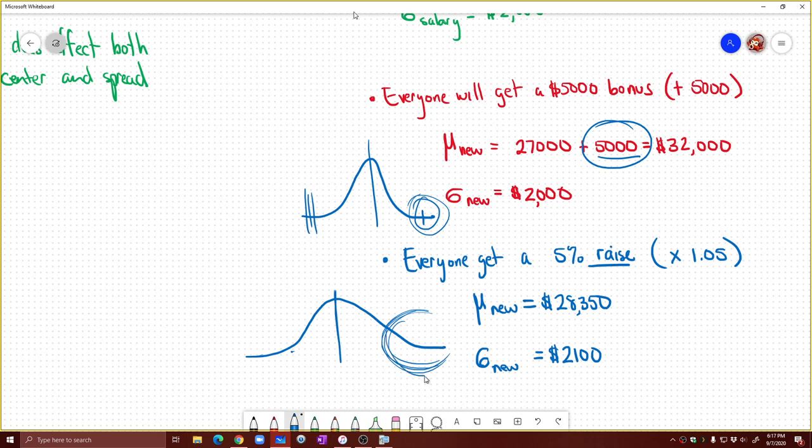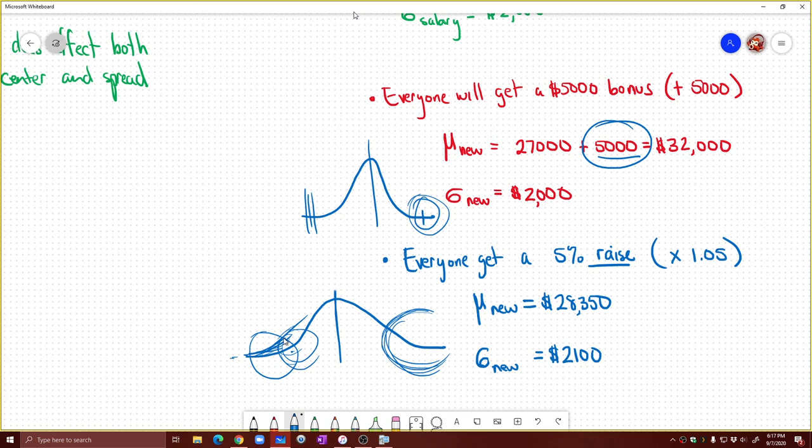So if you're a top earner, 5% is going to be way more than $5,000. But if you're on the low end, because remember, it spreads, then guess what? More people will be on this end too, because now the bottom group starts to trickle in over here as well. So this is what it means that we spread the data out.